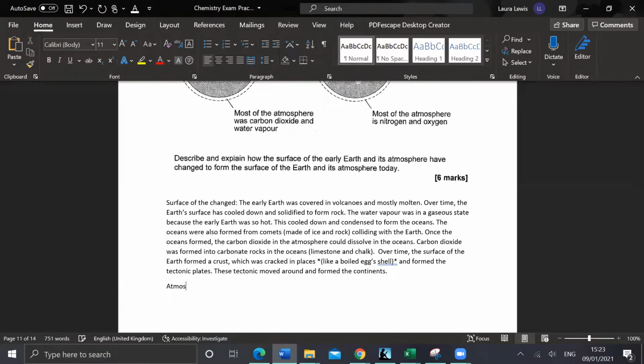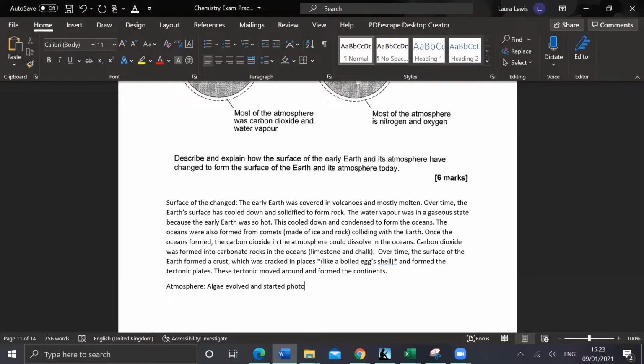Okay, atmosphere. Some of these things interact with each other, so sometimes you can't really split them too much. Lots of things happen in the atmosphere as well. So algae evolved. Algae is that green plant you find in ponds, sort of single-celled little plants.